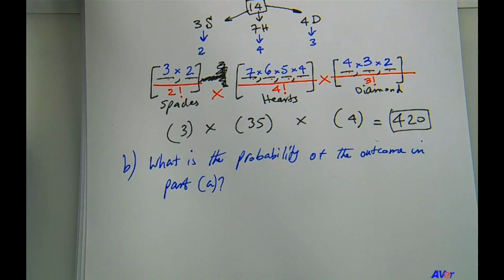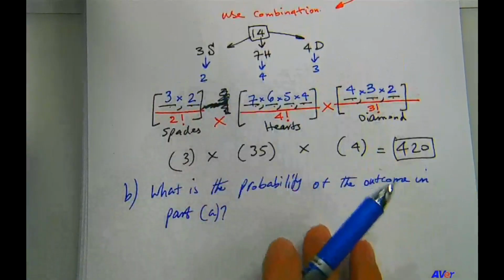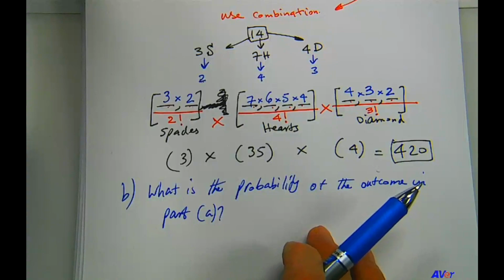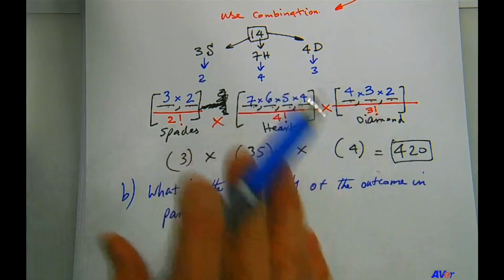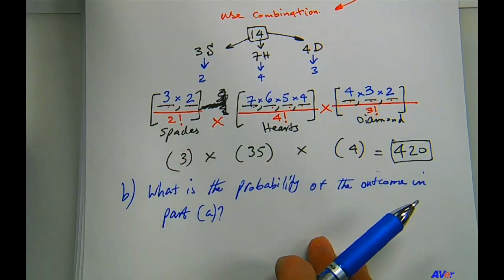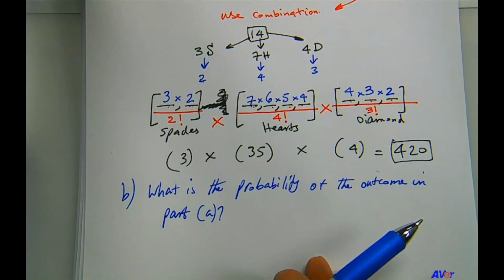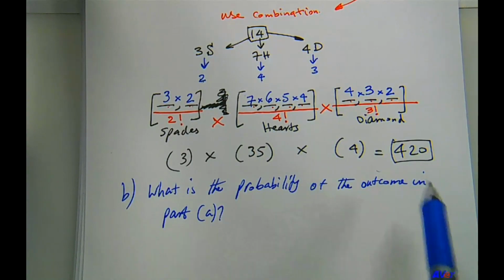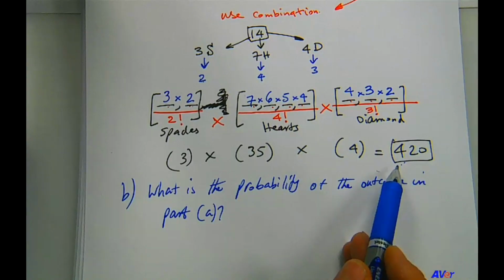In other words, these 14 cards that we started with, we picked 9 cards from 14, right? But we're doing this randomly. So how many possible ways are there to pick 9 of these cards from the stack of 14 cards. We need to find what that number is, because once we have that number, we can divide this 420 by that, and we have probability of these desired outcomes.